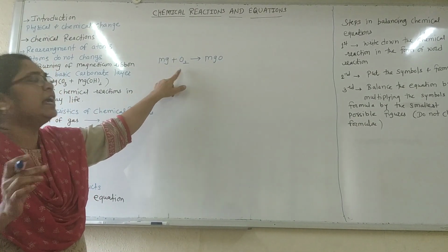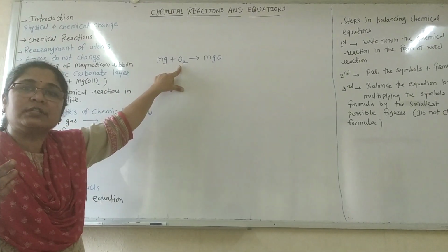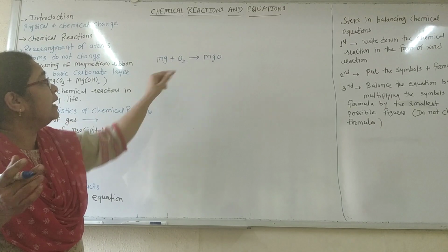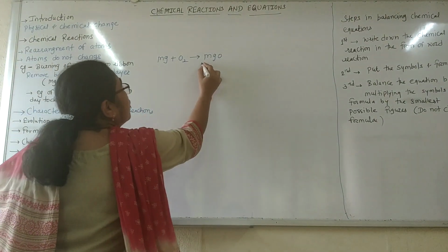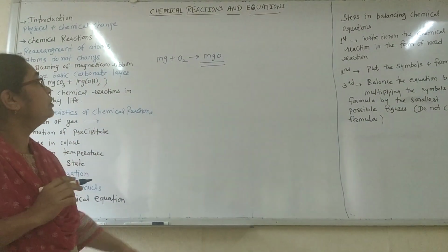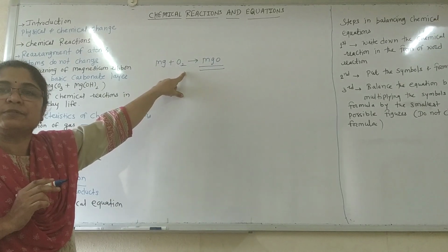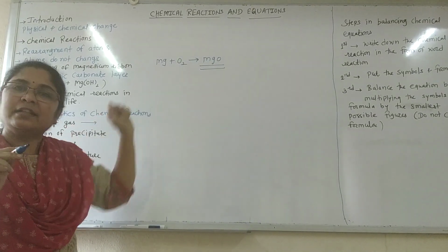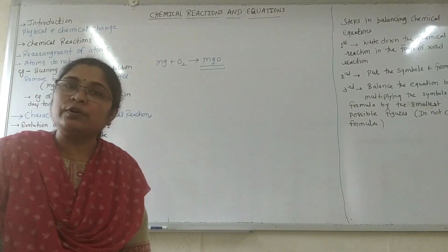Here they exchange their ions, or their electrons, during the chemical reaction. So the formation of magnesium oxide tells us about the rearrangement of atoms. In 9th standard we have studied about the structure of atom, how a compound is formed.